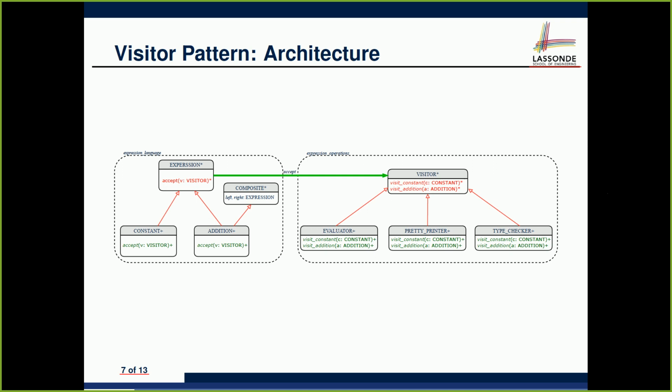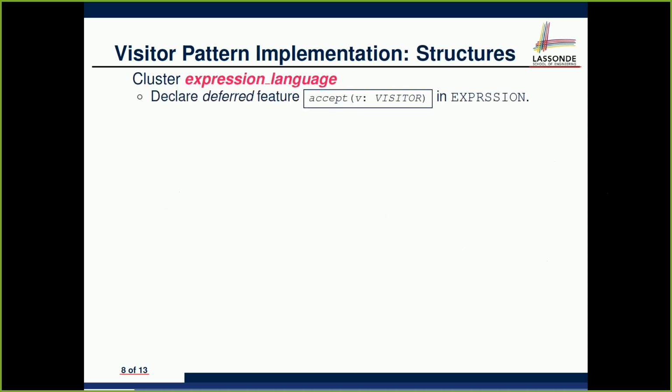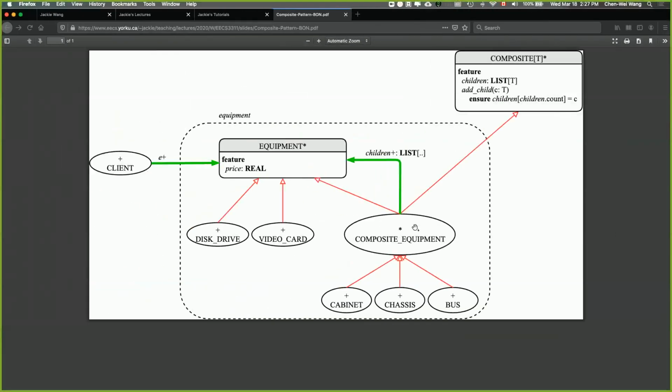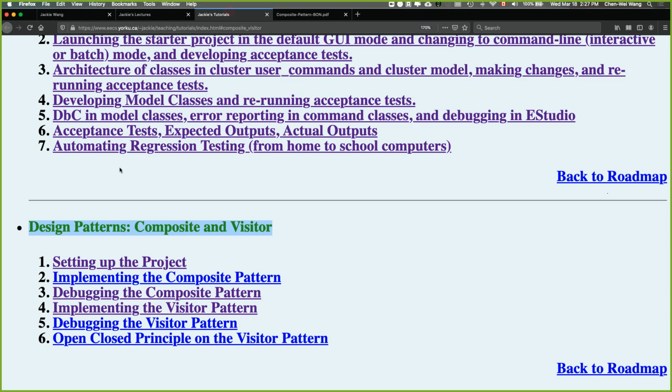Let's say you haven't been through my explanation or detailed walkthrough of the architecture. Can you just look at the diagram here and figure out roughly how the design pattern is going to work? Go over the slides. It's not many slides, just about 13 or fewer than 10. And also the tutorial video that I talk about over here about composite and visitor.